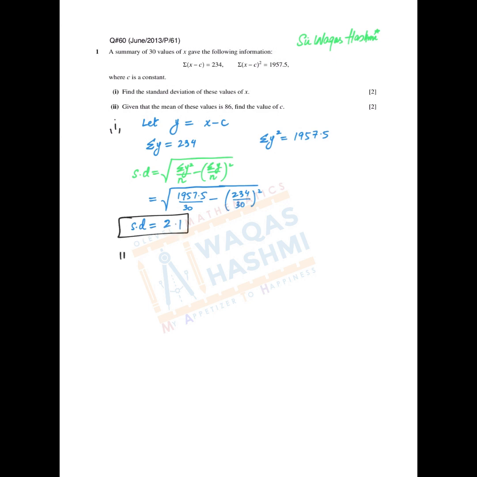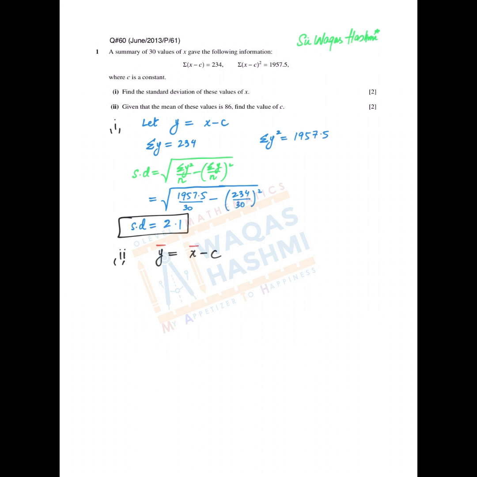Alright. For the second part, it says given that the mean of these values is 86, find the value of c. So we can solve with the equation we have. Suppose that y is equal to x minus c. If it's y, so it's x. If it's y bar, so that will be x bar. Alright. So I can say that y bar equals x bar minus c.